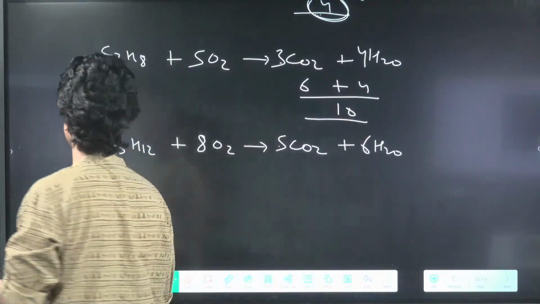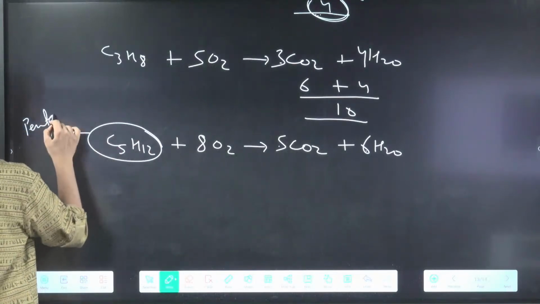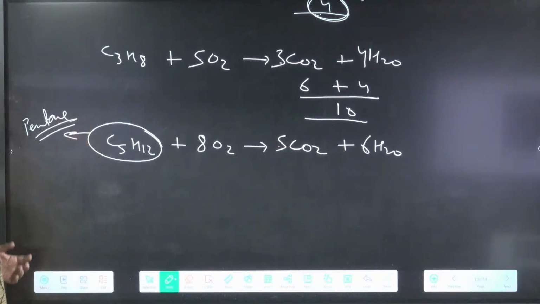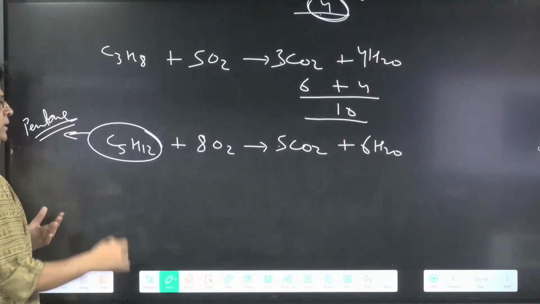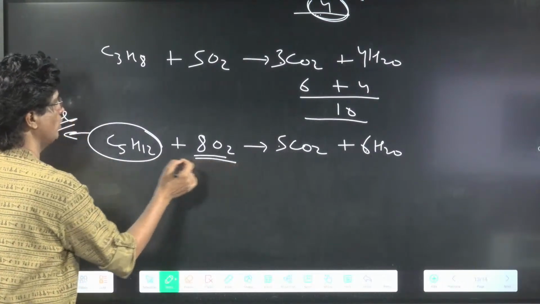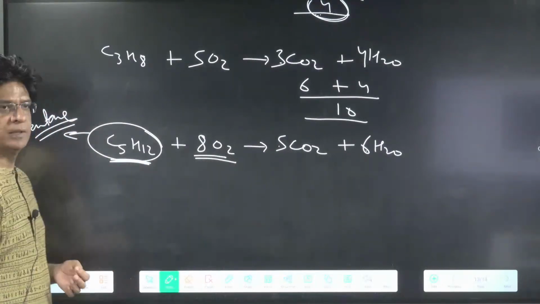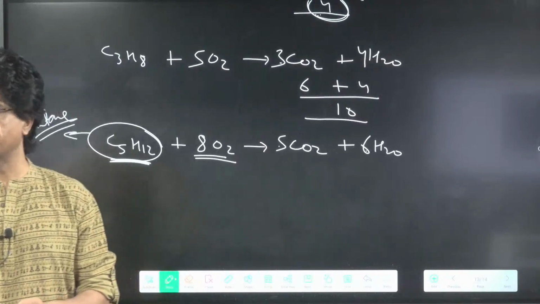Okay? Chalo, come on. What I'm saying, this is actually pentane. And I told you that the question is how much volume of O2 will be required to burn 3 liter of pentane. 3 liter of pentane.